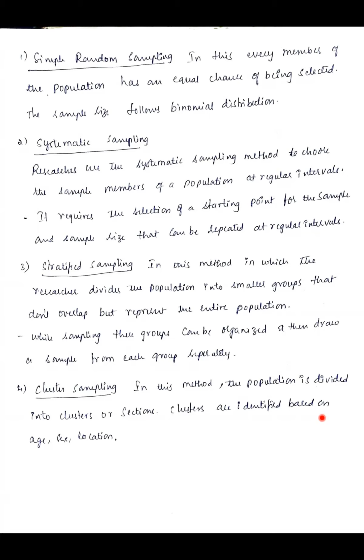That means based on these parameters, they make clusters in a population. But in stratified sampling, not based on these parameters, they randomly divide the population into small groups.